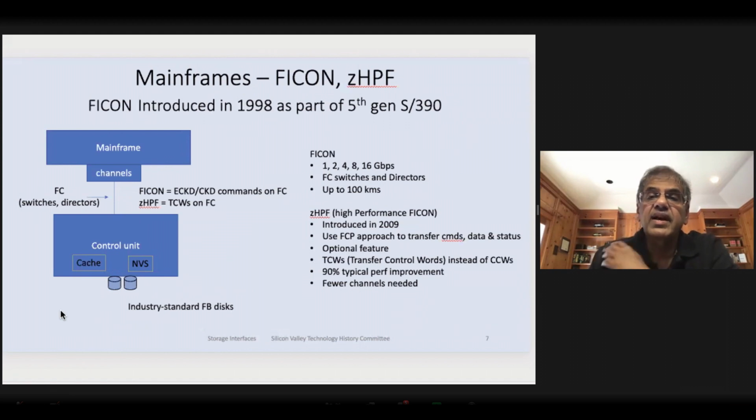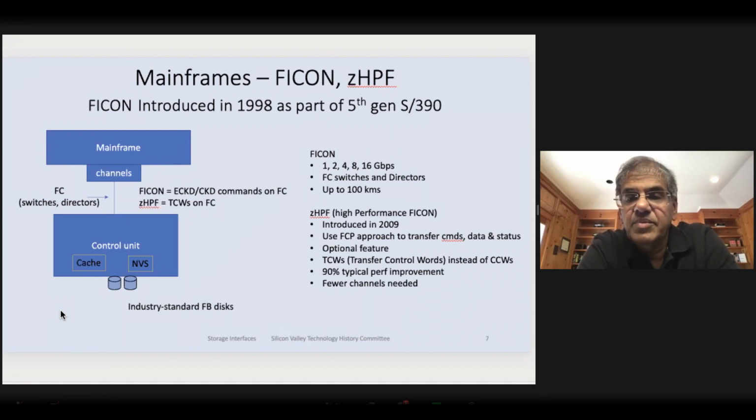After that, the IBM world moved to FICON, which is really ECKD or CKD commands on top of fiber channel. So this is one more example of IBM saying, let's ride the industry wave. Just like they moved from CKD to fixed block, they moved from ESCON to just using fiber channel and doing FICON.